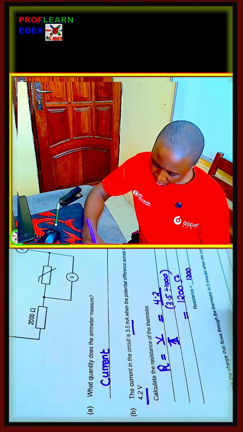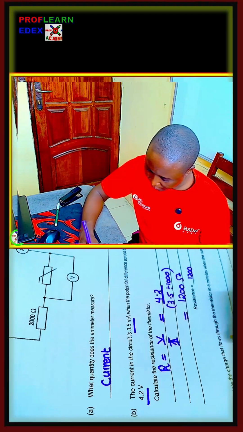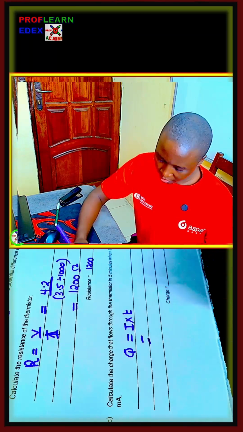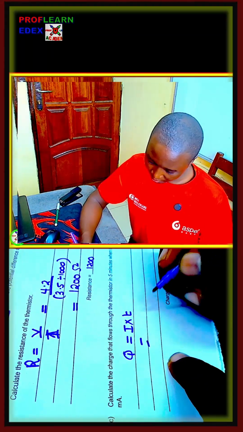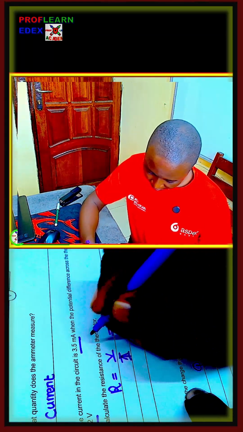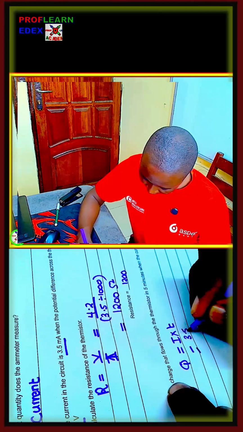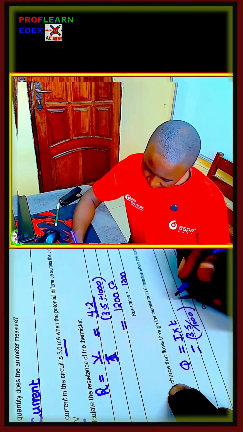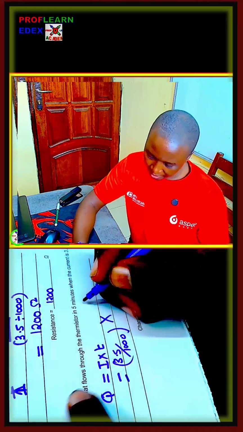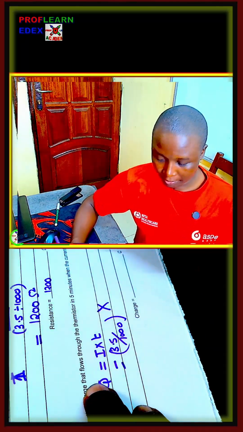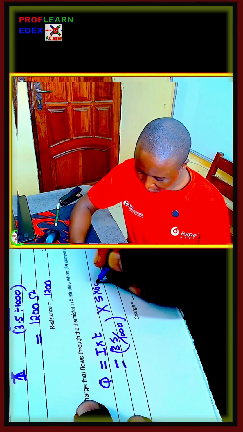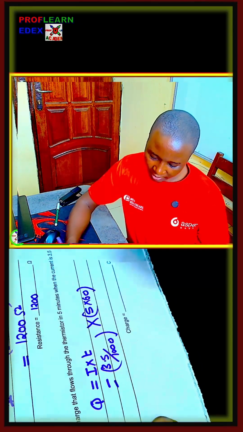Calculate the charge. We know that charge is equal to current times time. To work out the charge, the current in this case is 3.5 over 1000 because it's milli, times time, and time here must be in seconds, so it will be 5 times 60 because the time was given in minutes.